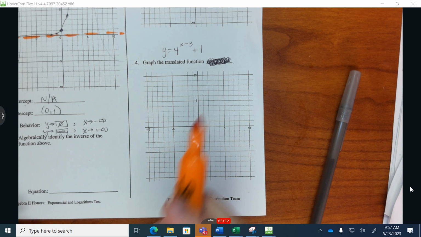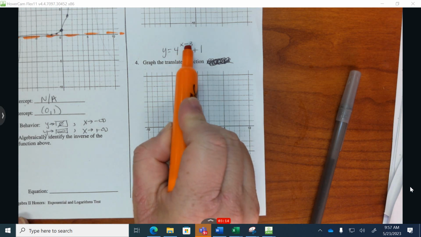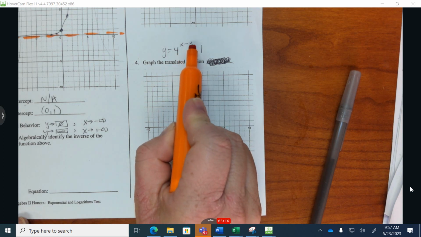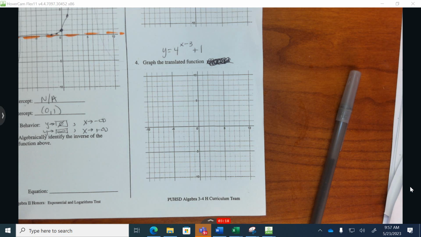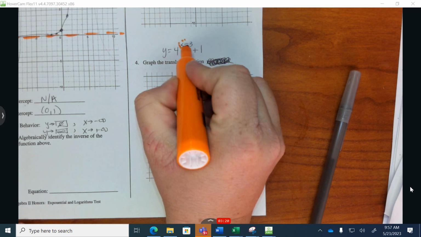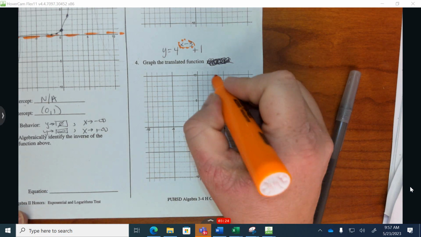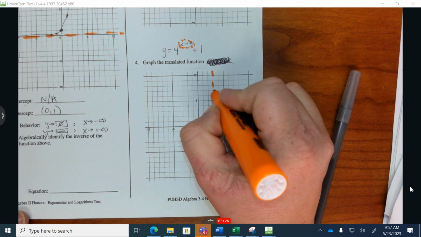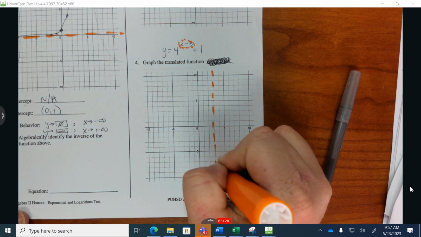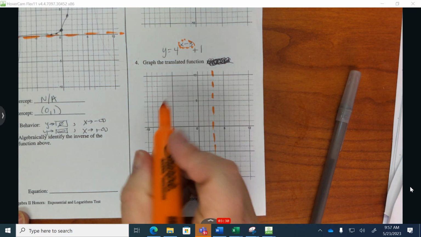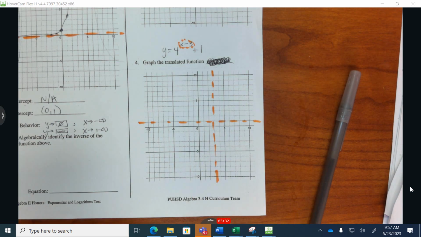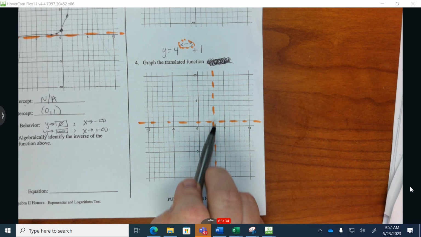What does this tell us? It tells us we need to shift this entire graph, not 3 to the left. That's naturally what our brain says, but it's opposite of what you think, so it lies to us. We're going to go 3 to the right. So I'm going to go 3 to the right, and I'm going to make a dotted line. And then I'm going to go 1 up and make a dotted line. This is now my new origin.